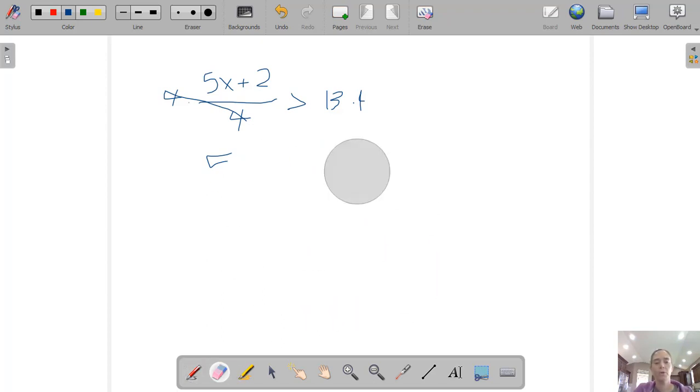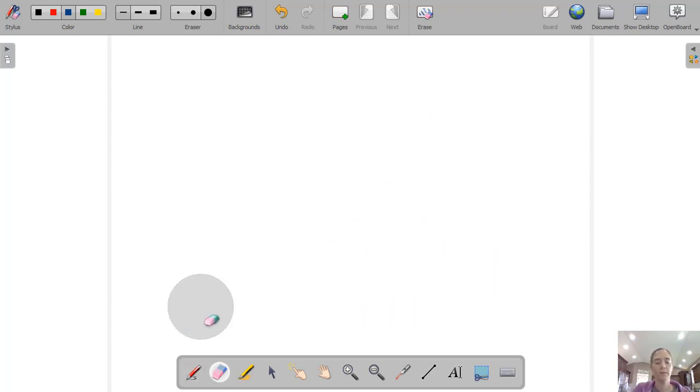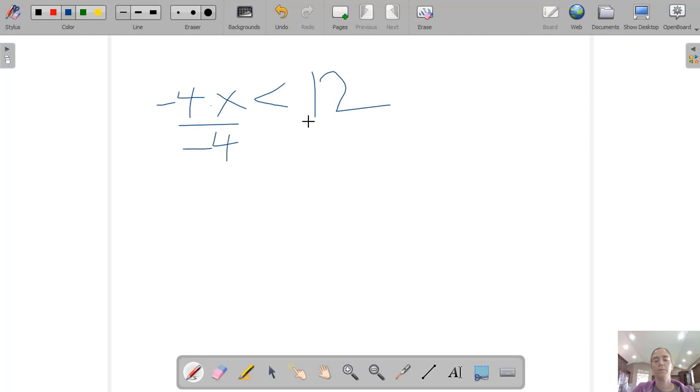Now to show you the one thing that makes it different is if you have a negative number that you have to either divide or multiply on both sides. So if we have negative 4x is less than 12, we're multiplying here, so we'd have to divide by negative 4 on both sides.